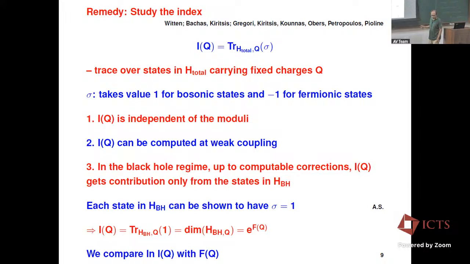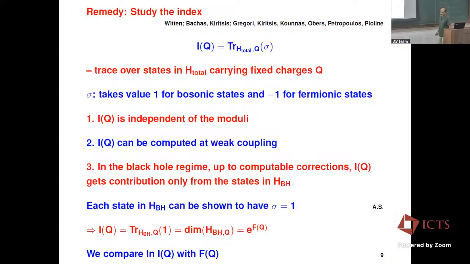They are all bosonic states. So when you calculate IQ from the black hole side, in the black hole regime, you get trace over HBH at charge Q of 1. You replace H total by HBH because that's what contributes, and you replace sigma by 1 because all states have sigma equal to 1. So that becomes the dimension of HBH of a fixed charge Q, and that is supposed to be e to the f of Q because that's the exponential of the entropy.